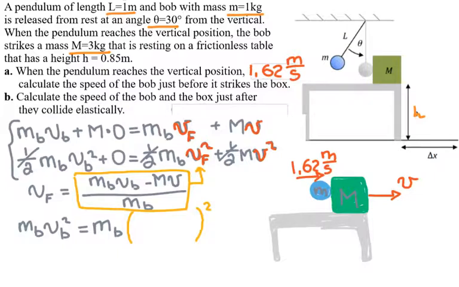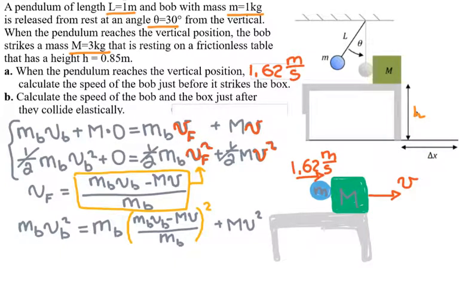So I have mass of the ball, velocity of the ball, minus mass of the block, velocity of the block, over mass of the ball plus the mass of the block, velocity of the block squared.